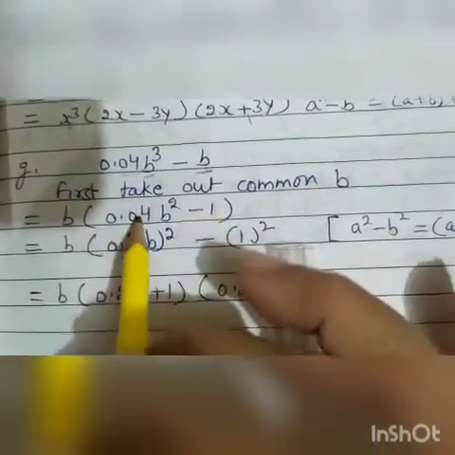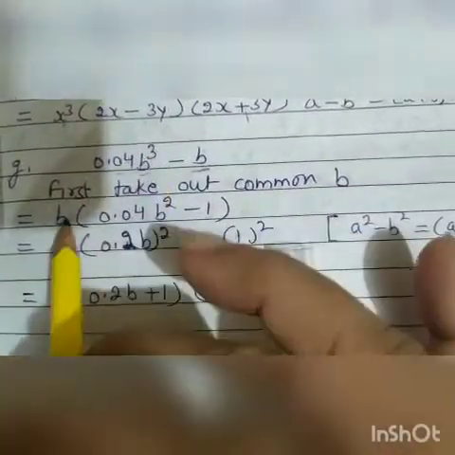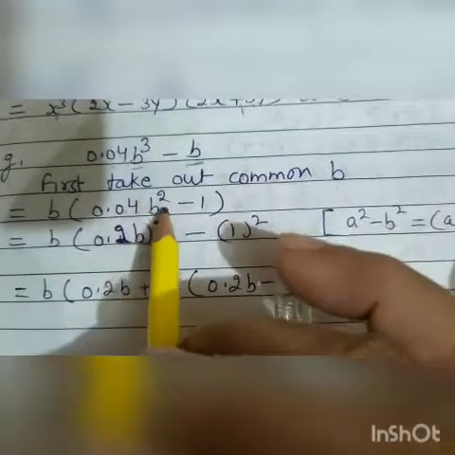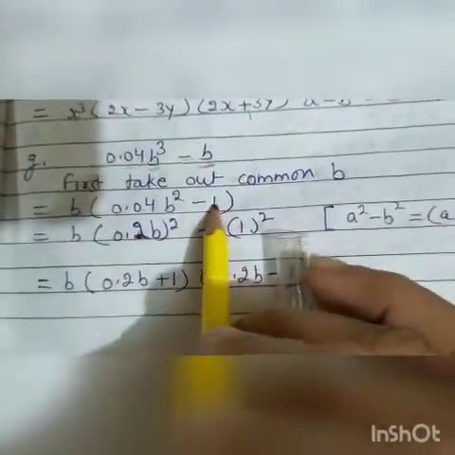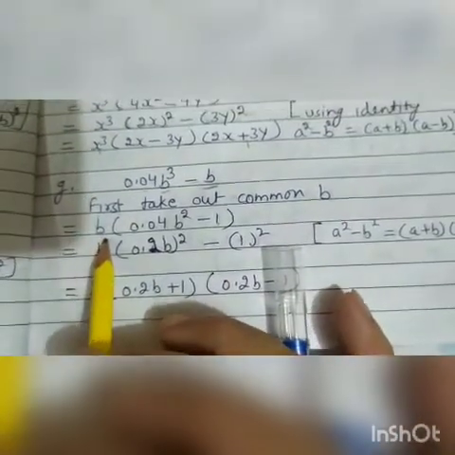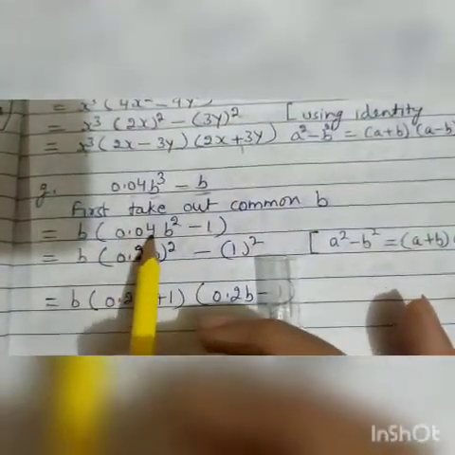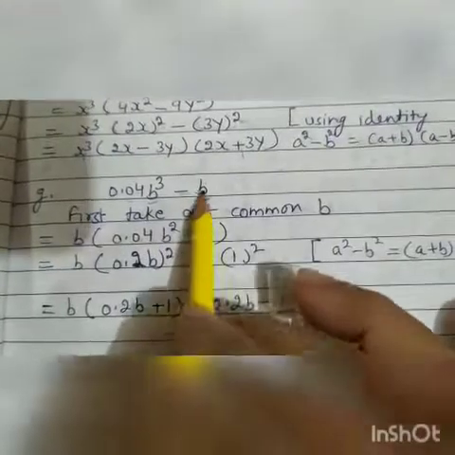So 0.04 from b cube we have taken b common, then b square will be left. Then minus b cancels, it will be 1. Here we have first taken out b common, then 0.04 b square minus 1.